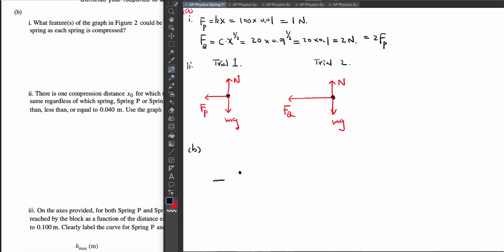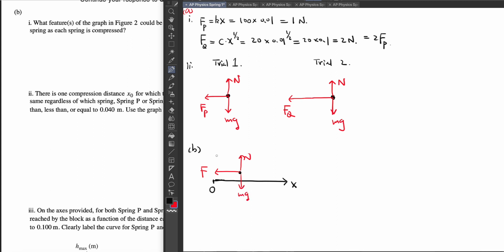We're going to use the same origin as in the original diagram, and x is to the right. Now the spring force is pushing the block to the left. And we also have normal force and gravity in the vertical direction.